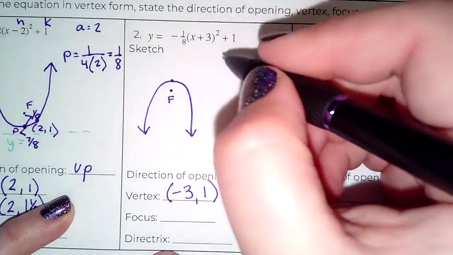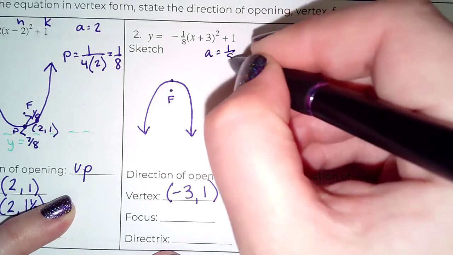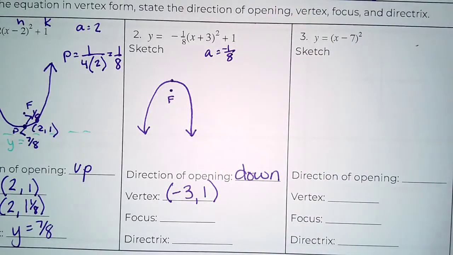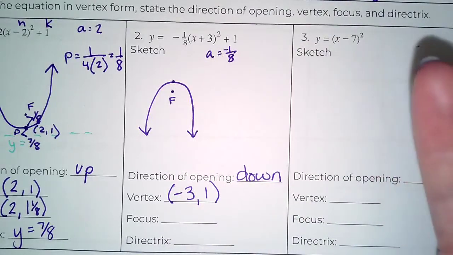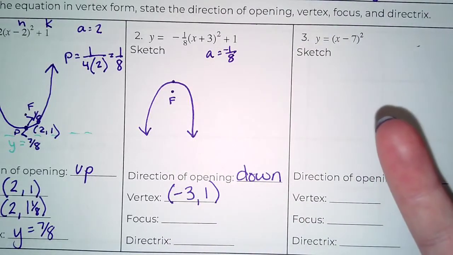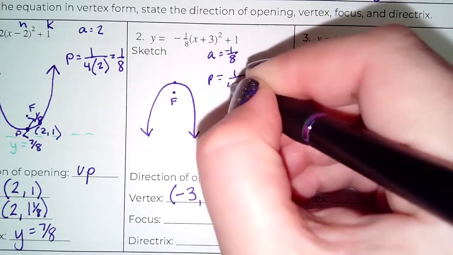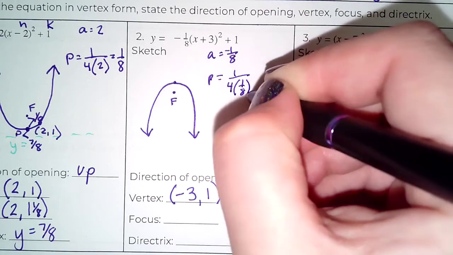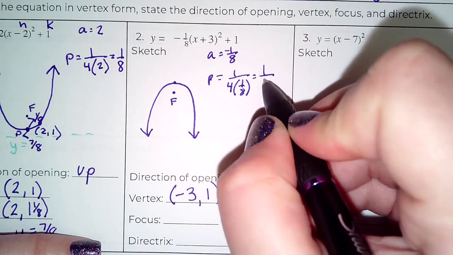So if our a is 1/8, and we can use -1/8, but remember your p is the distance something is from 0, so we don't really need the negative because it's going to be absolute value. So p equals 1 over 4 times 1/8. 4 times 1/8 is a half.